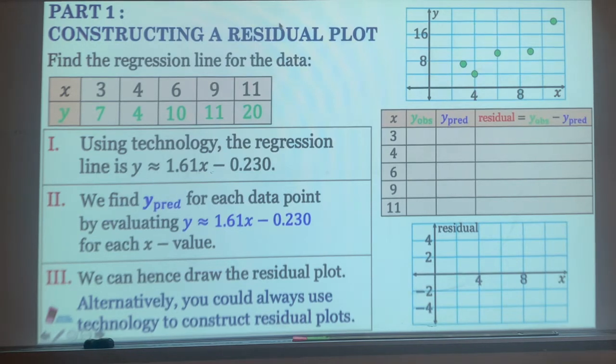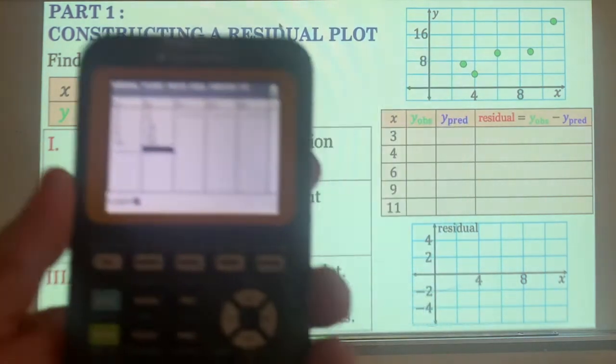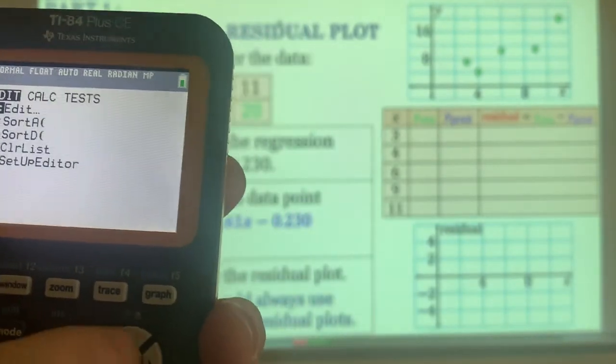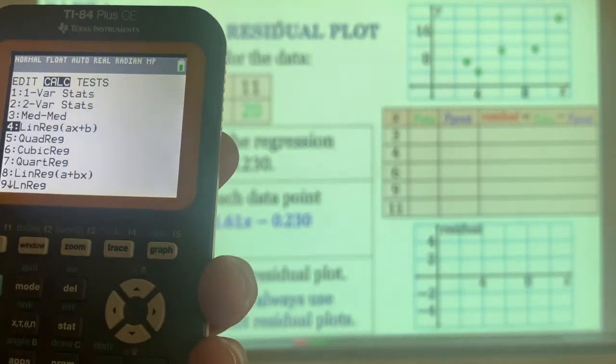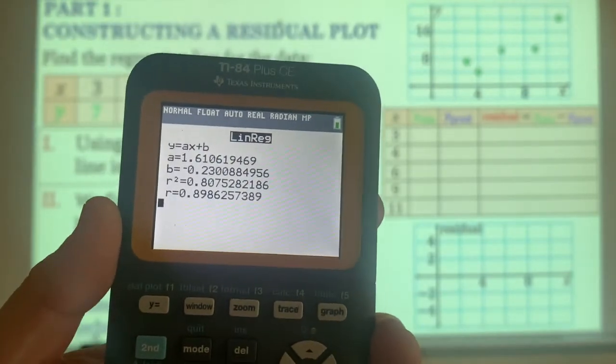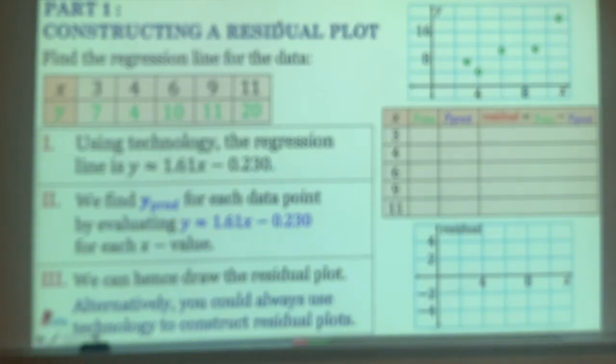My second list was 7, 4, 10, 11, 20. So for you, because I'm such a nice teacher, I typed all this stuff in already. I hit stat, calc, linreg, and I got this line right here. Y equals 1.61x minus 2.30.